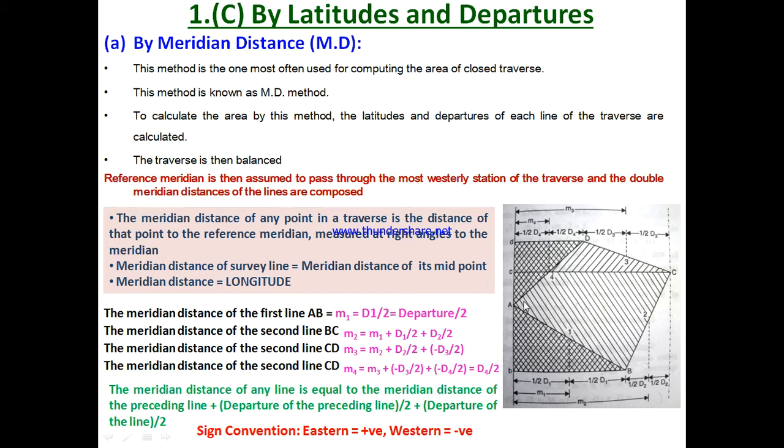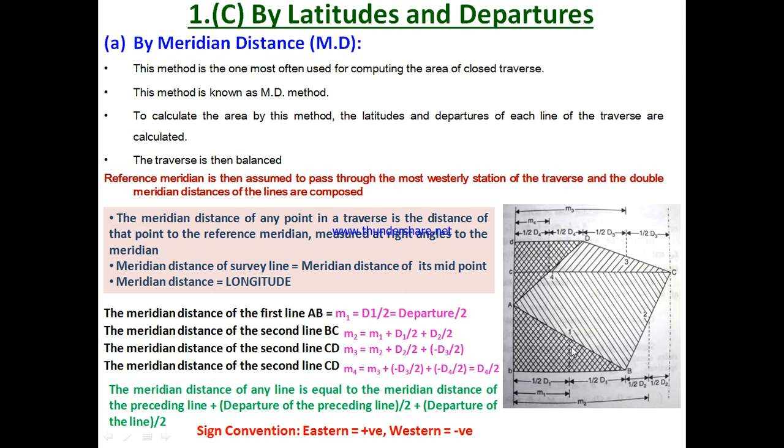Now suppose I consider this traverse, and since A is the most westerly station, this will be the reference meridian. For line AB, the value of meridian at point 1, which is the midpoint of this traverse line, will be equal to the meridian distance of station A and the distance covered up to this point.